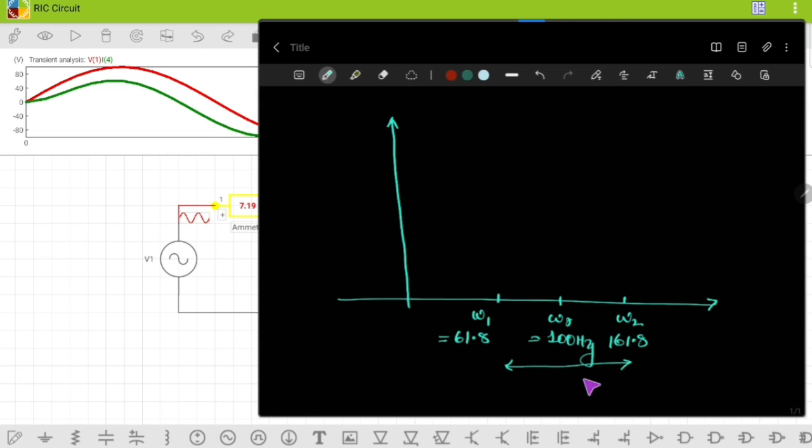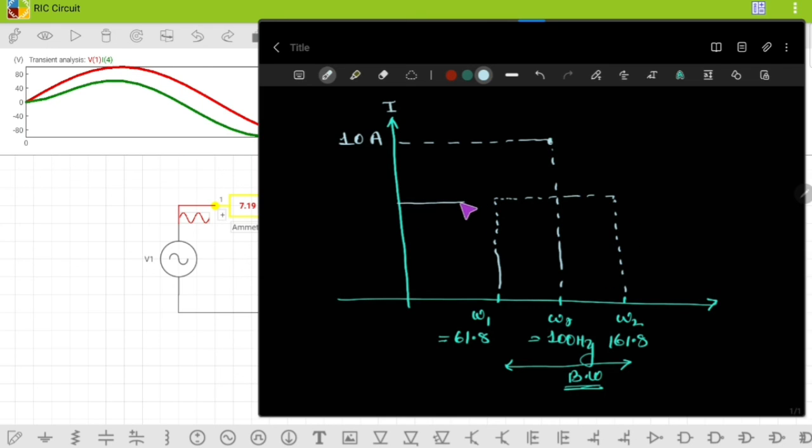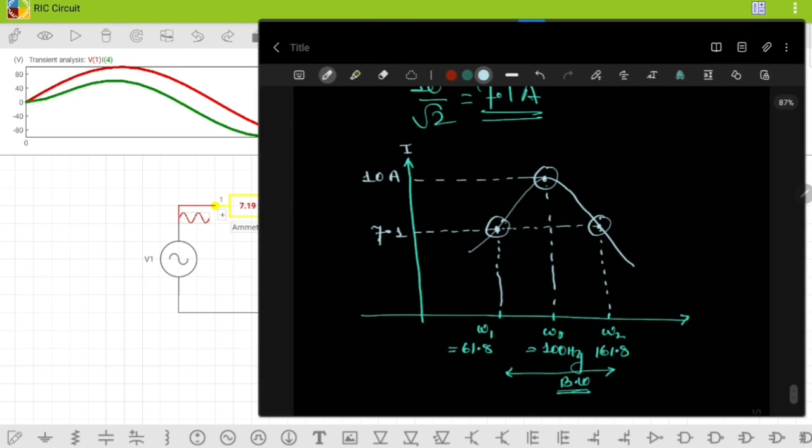Okay, so this was our bandwidth, and at omega r we got maximum current, that is 10 ampere, and at omega 1 and omega 2 we got 7.1. All right, so this graph will look like this. So this is your resonance frequency, and at omega 1 and omega 2 you got the same value of current, right?